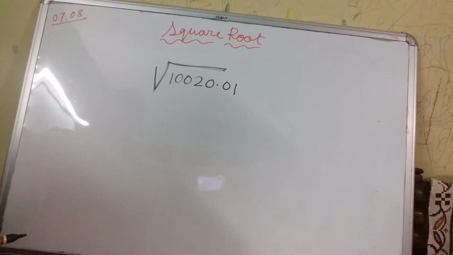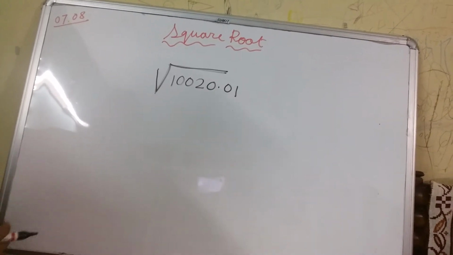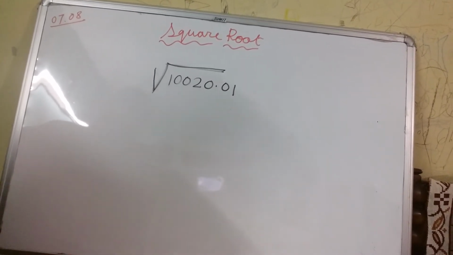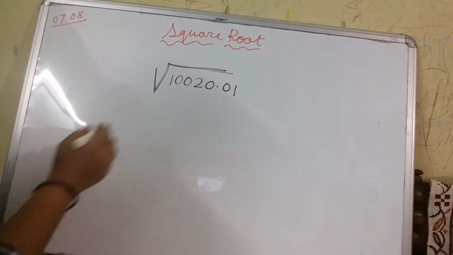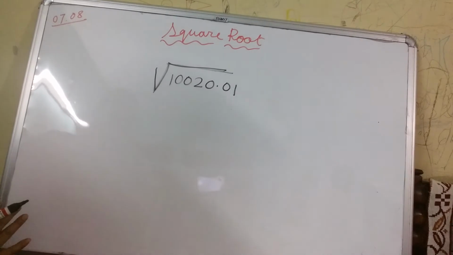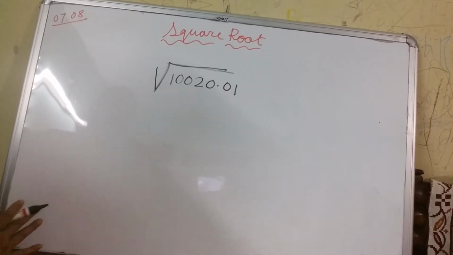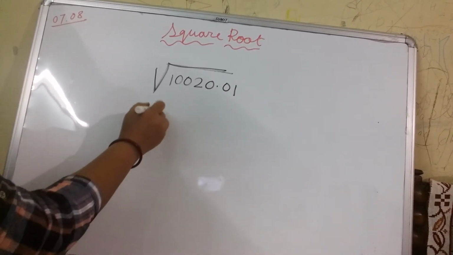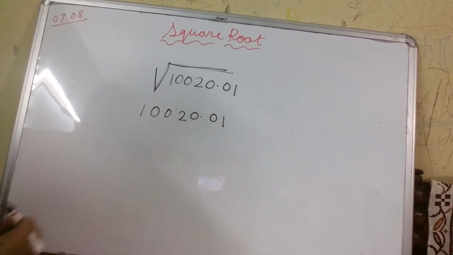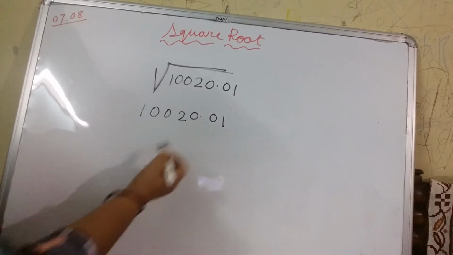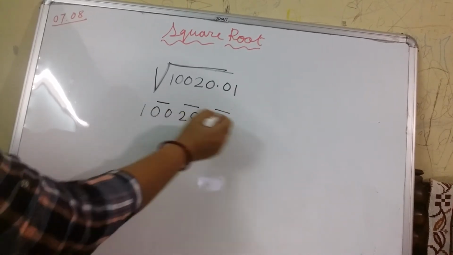Next, we have to find out the square root of 10020.01. This sum I gave you in the last test. Okay, so we have learned how to find out the square root of a decimal number. First you have to make its group.